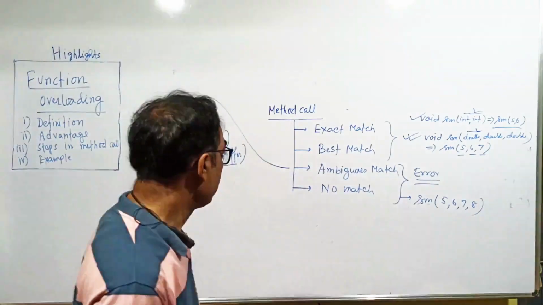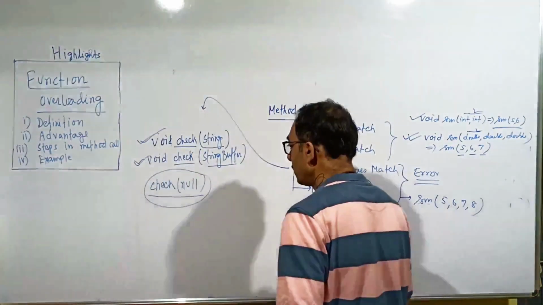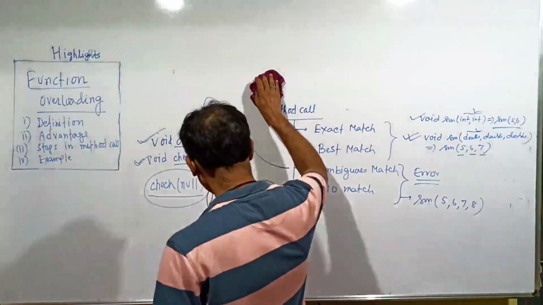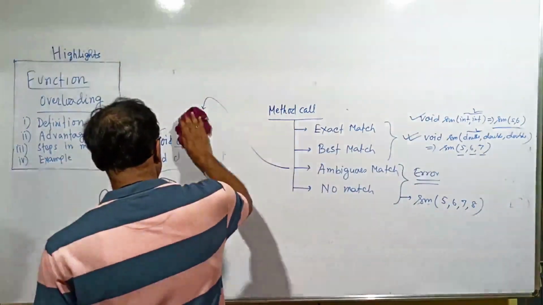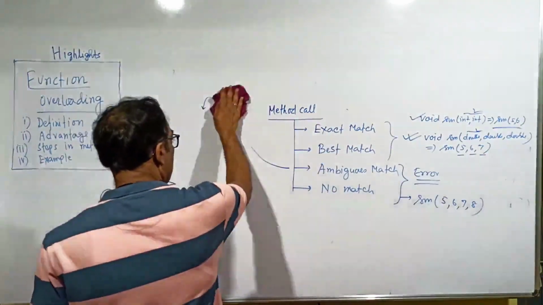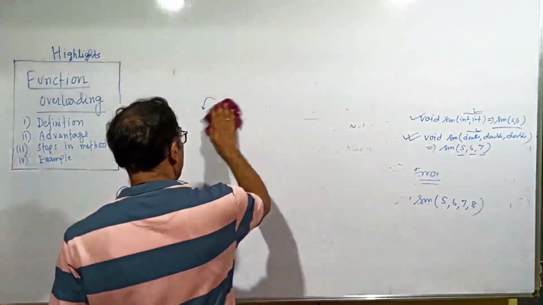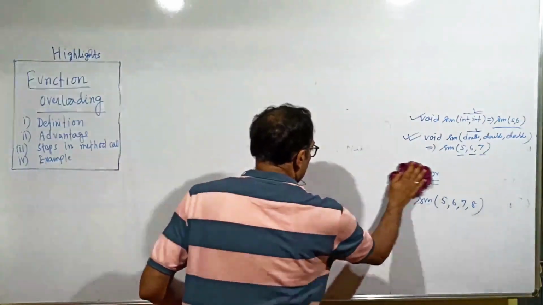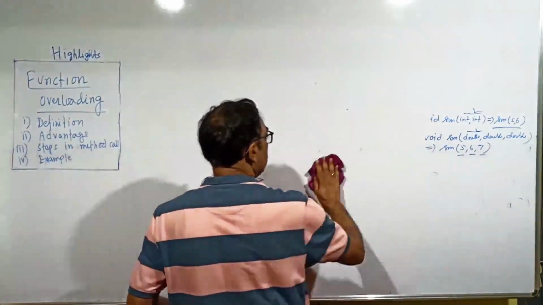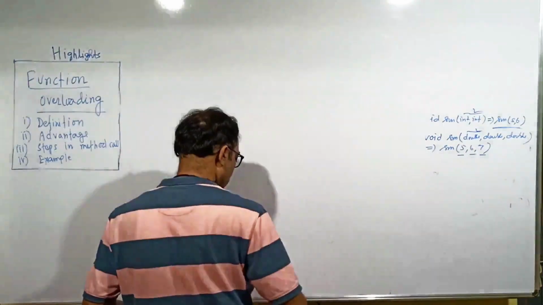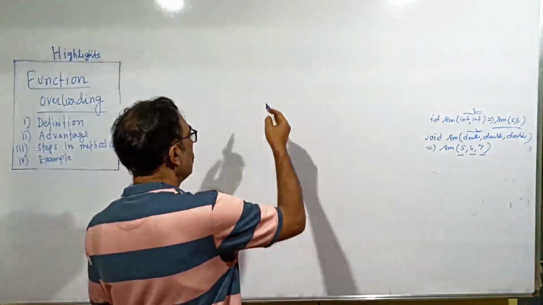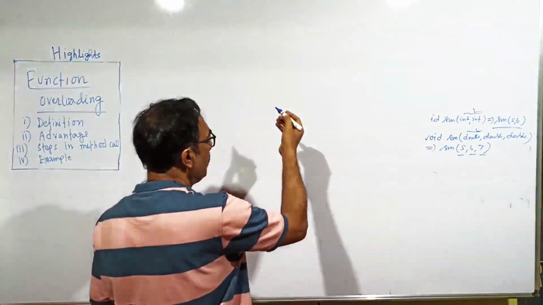So let's take an example. The question is like this. We have the question of function overloading. It says that using function overloading, draw the following pattern.